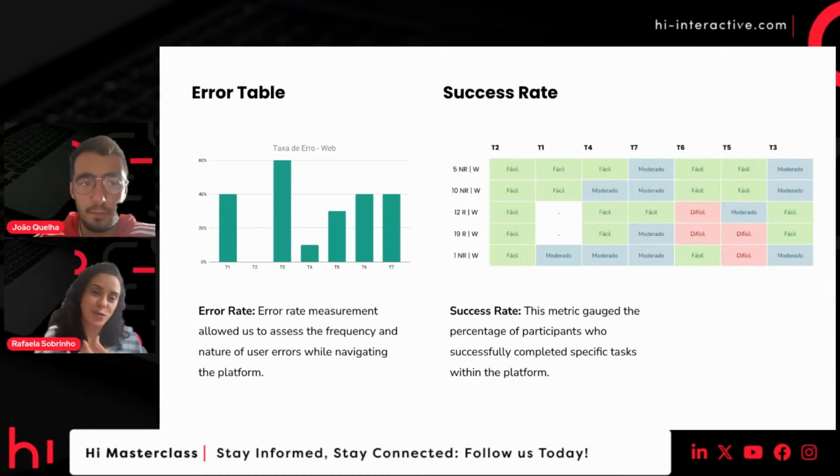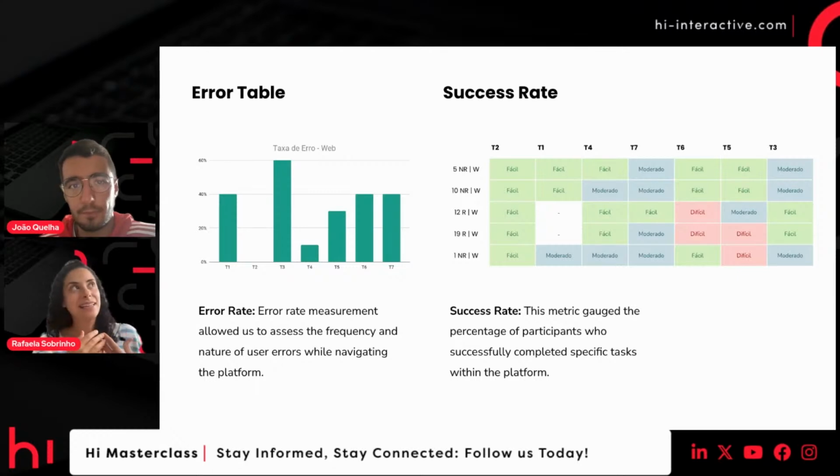They have a low success and a lot of errors. Also, we listen to them, asking where the problem is and why they are confused, and they give us a lot of good insights.